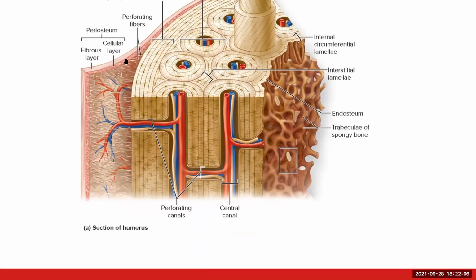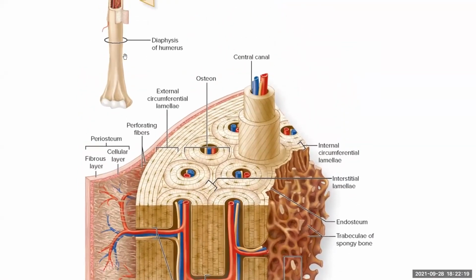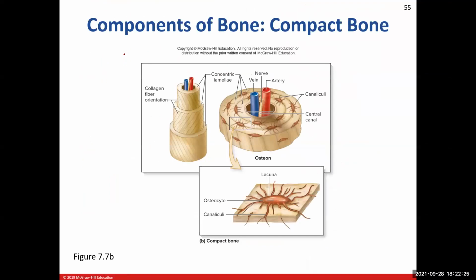Then you can see the periosteum on the outside with the Sharpey's fibers, or perforating fibers, holding the periosteum onto the compact bone. Here's the cellular layer, and then we have our fibrous layer. This picture shows us quite a bit. If you feel pretty comfortable with it, then you'll have a pretty decent understanding of the microscopic anatomy of bone.